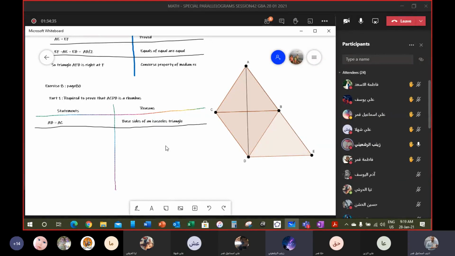So AD passes through the midpoint of segment BC. Therefore, ACDB is a rhombus. Listen, to make it easier for all of you, let's go back. Okay.